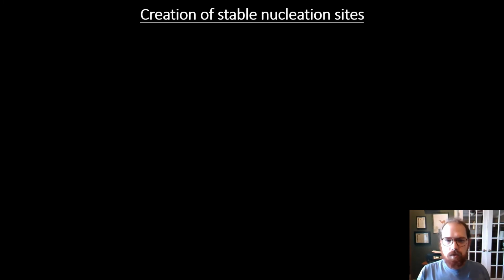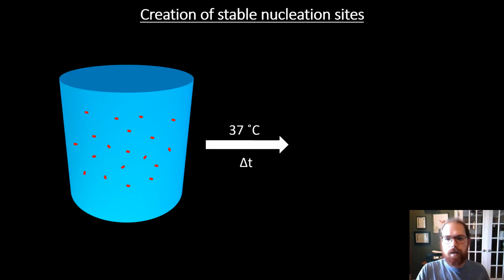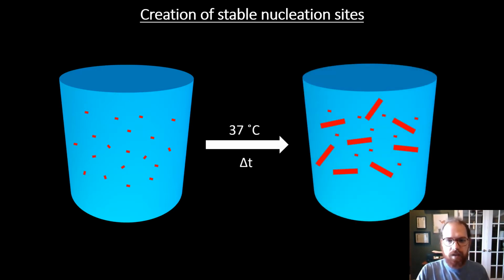So just to briefly walk you through a typical day in our lab and the different techniques that we use to help us model microtubules. The first thing that we typically do when running an experiment in the lab is create stable nucleation sites, and we call them seeds. What we do is take a form of tubulin, put it in a solution, incubate it for a certain amount of time, and over that time, the tubulin polymerizes. Now, this tubulin is special in that it doesn't spontaneously depolymerize like we just saw in the cells.